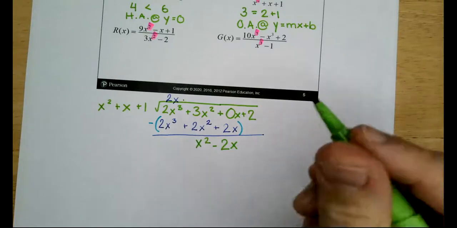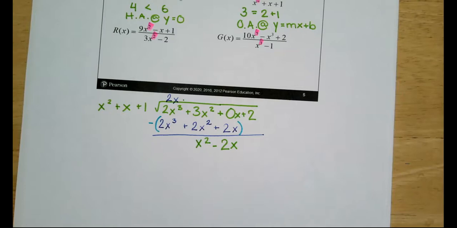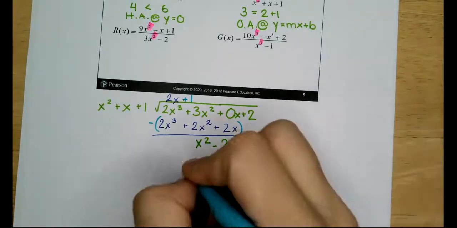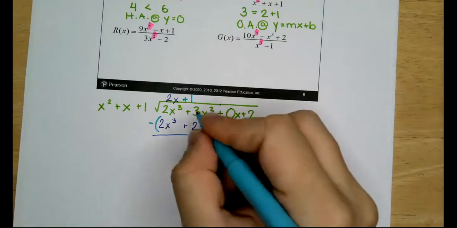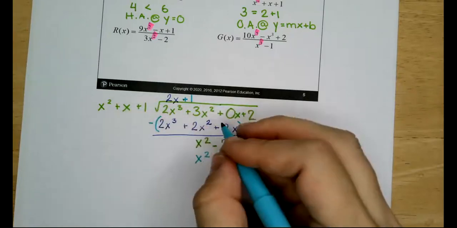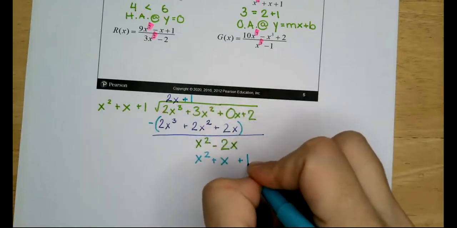My next term is x squared. x squared divided by x squared would just give me positive 1, so I have 2x plus 1. x squared times 1 is just x squared, x times 1 is just positive x, and 1 is just 1.